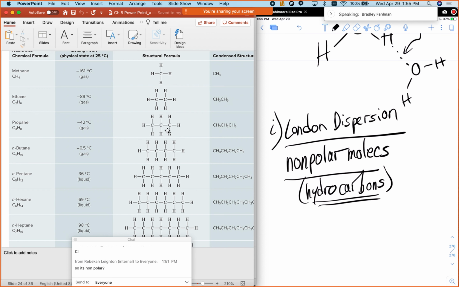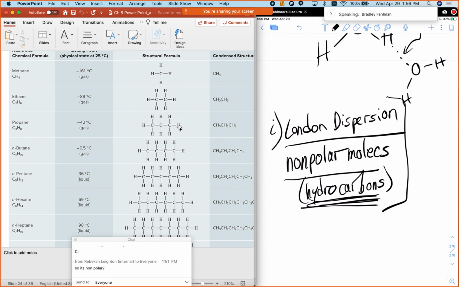And even this carbon, you've got three hydrogens plus a carbon. So that one really wouldn't cancel, but then you've got one with that same environment at the other end of the molecule. So both of those still cancel. So all these hydrocarbons would just have London dispersion forces that hold them together.